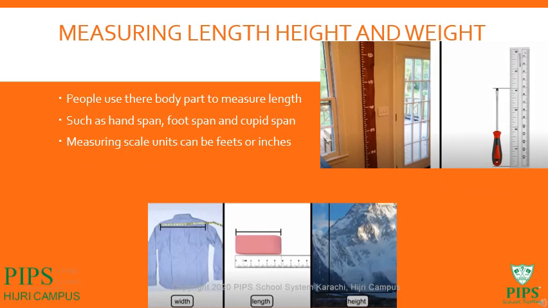For measuring length, height and width, as I told you, we usually use meters, kilometers, centimeters, millimeters. These are the units we use to measure the length, height or weight of objects.